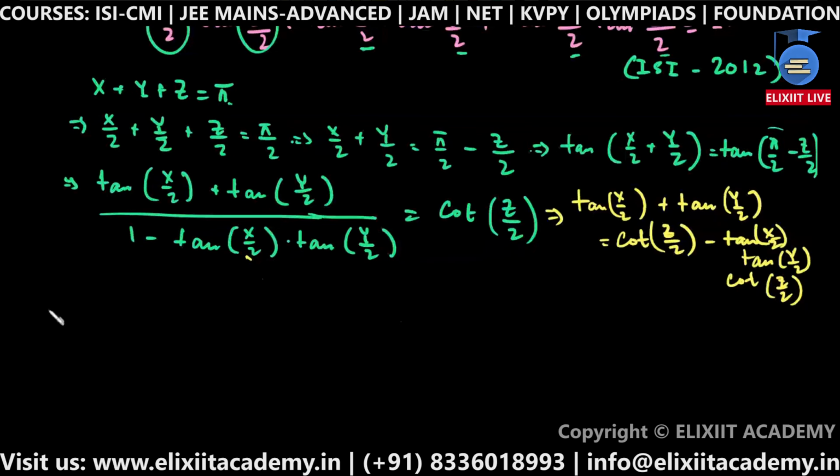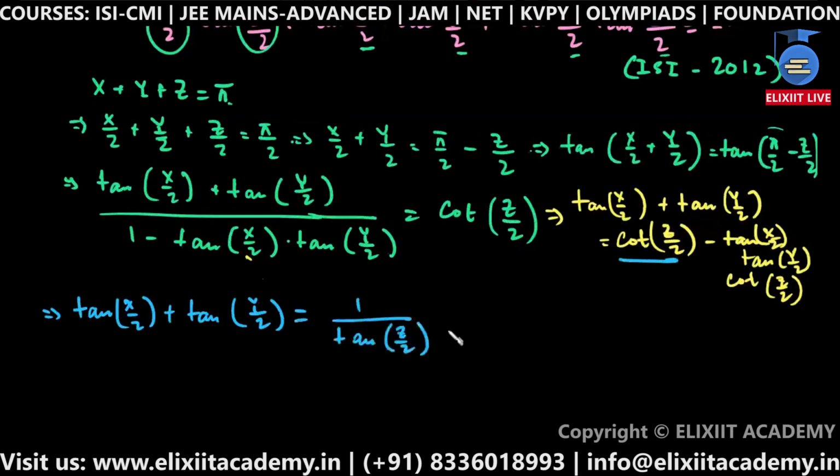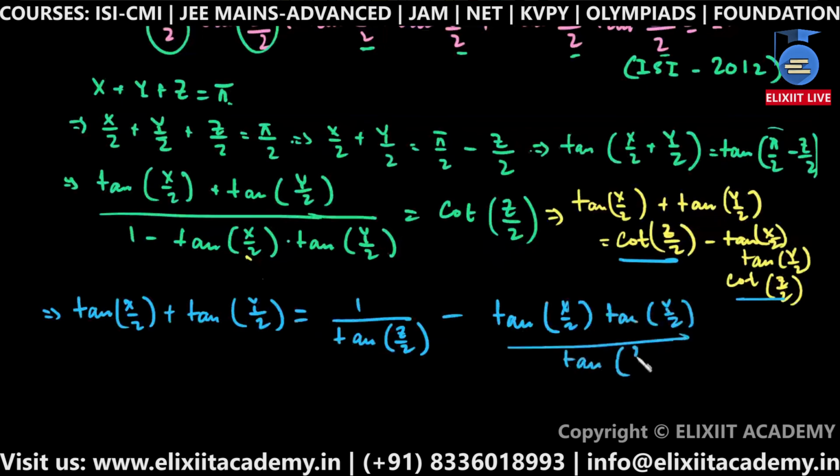We have tan(x/2) + tan(y/2) equals cot(z/2), which can be written as 1 upon tan(z/2), minus this cot(z/2), also written as 1 upon tan(z/2), so the numerator is tan(x/2)·tan(y/2), divided by tan(z/2). Cot θ is 1 upon tan θ. Clear with this? What we are getting?